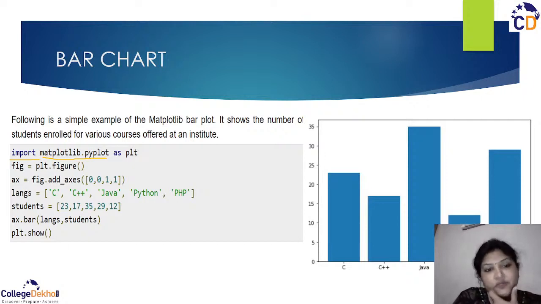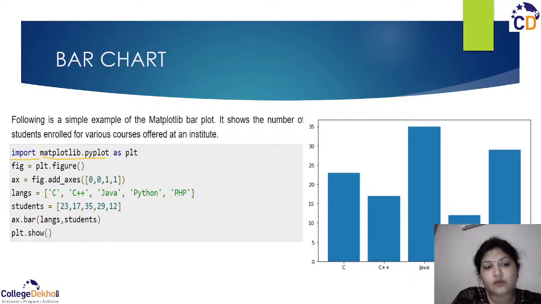After specifying this, now you need to call the function for the bar graph. For a bar graph we have a function that is bar. So ax.bar, within this function we need to send two arguments.